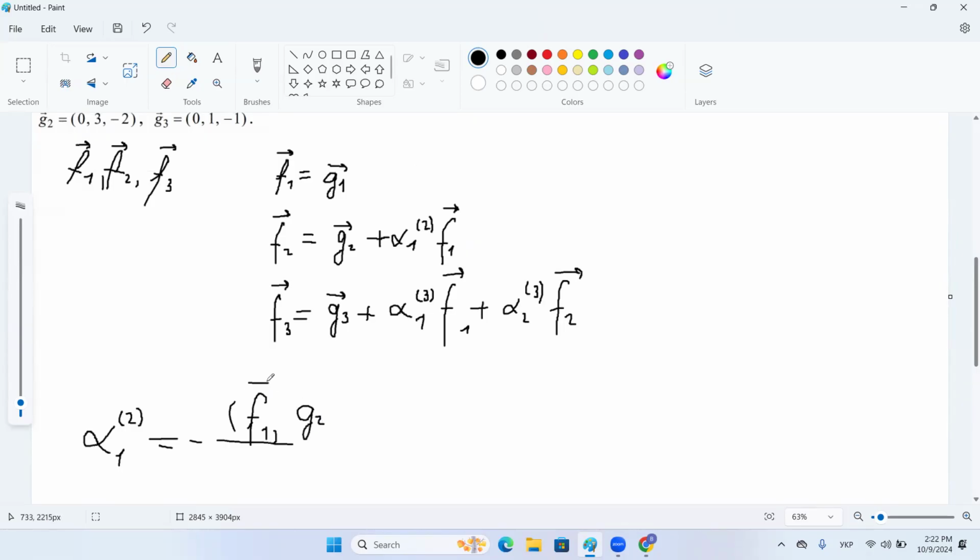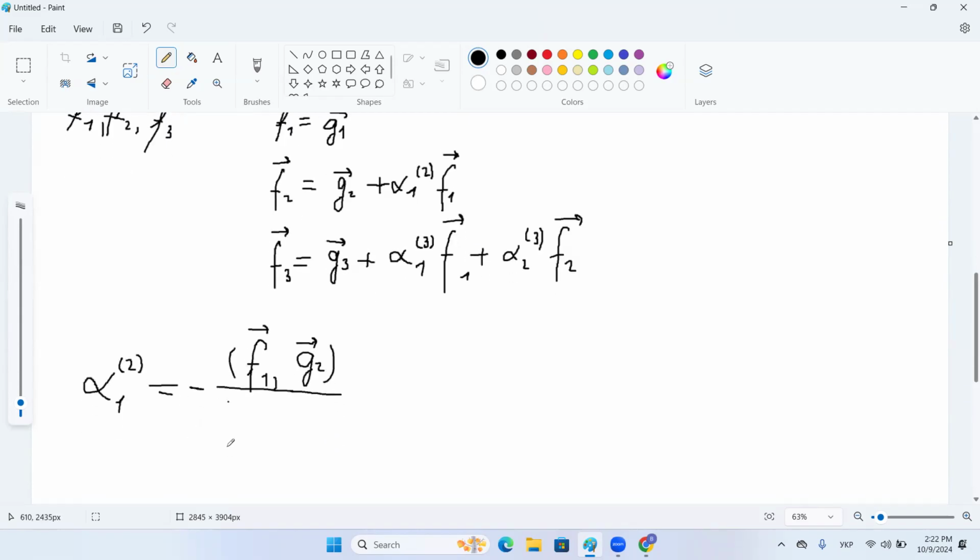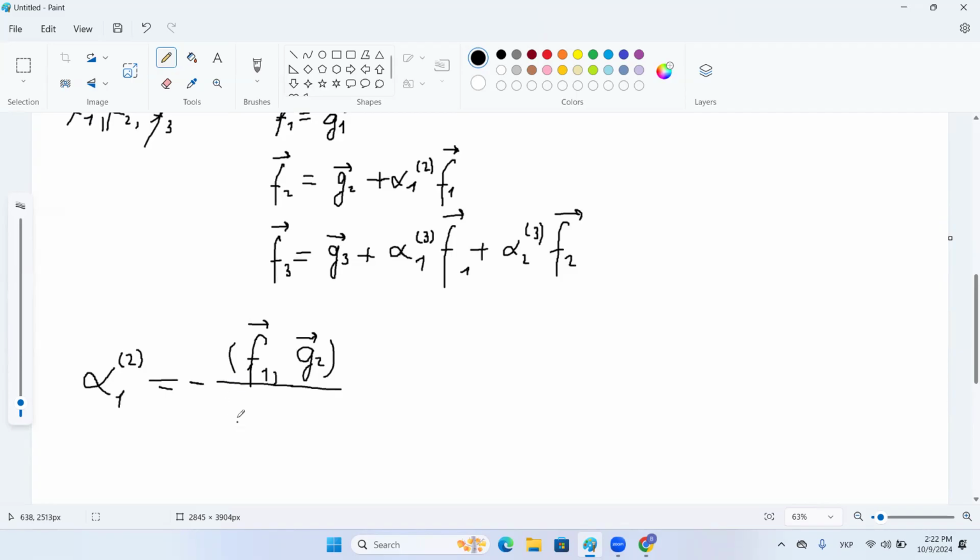So we know f1 and g2, it will be a fraction, so we need to divide the scalar product of f1 and g2 by the scalar product of f1 by itself. And let's find it.